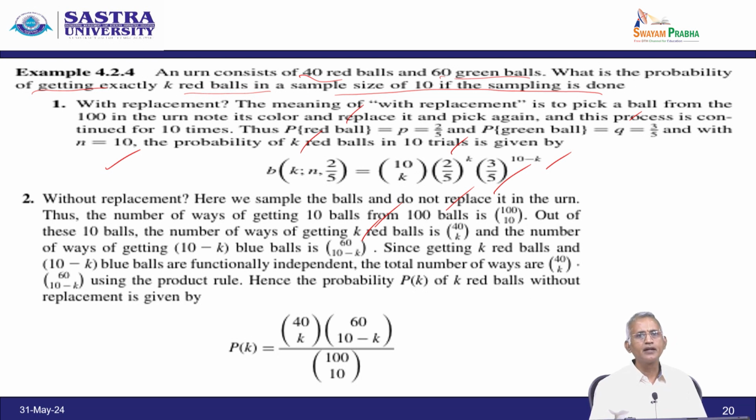Since these choices are independent, the total number of ways is 40 C k into 60 C (10 minus k), using the product rule. Hence, the probability of k red balls without replacement is P(k) equal to 40 C k into 60 C (10 minus k) divided by 100 C 10.